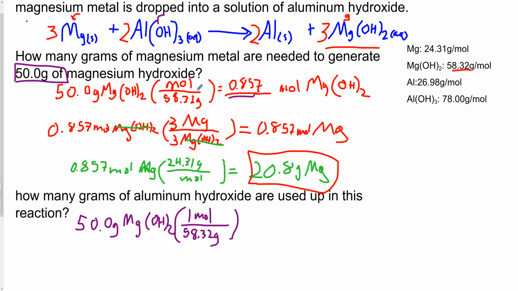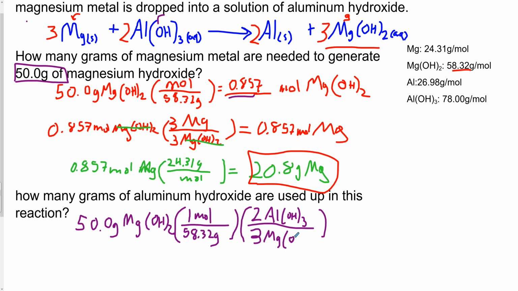Absolutely. So we went from grams to moles. Now we go from moles of one chemical to moles of the other. So my required is up top. So I have 2 Al(OH)3, and I have 3 Mg(OH)2.